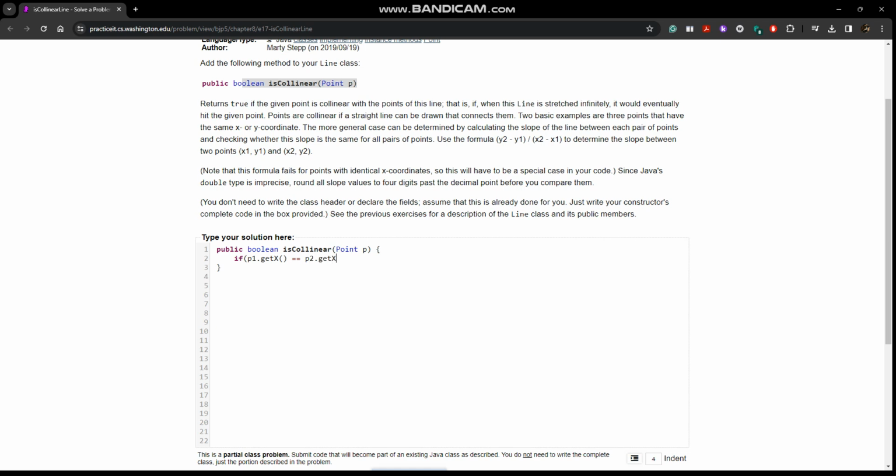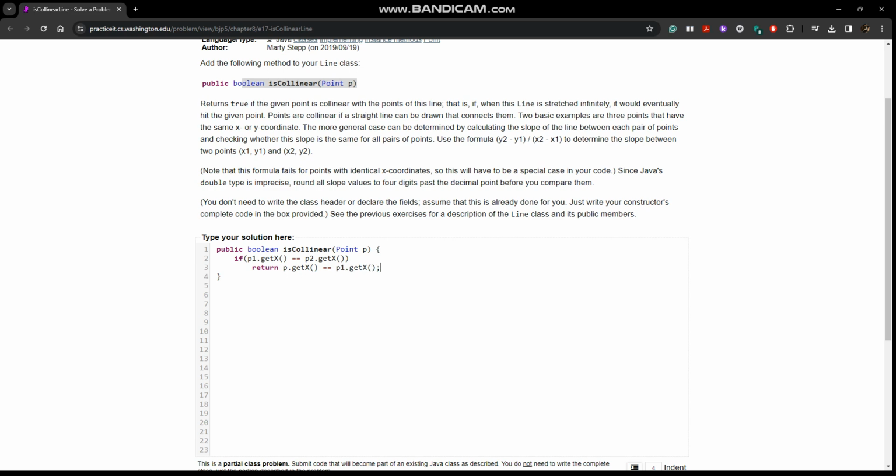So p1.getX, if it is equal to p2.getX. So this again is the same idea. p2, point 2, so the x point of the second point. So it's just comparing x1 over here and x2 over here. So if this happens to be true, we're just going to return p.getX is equal to p1.getX.